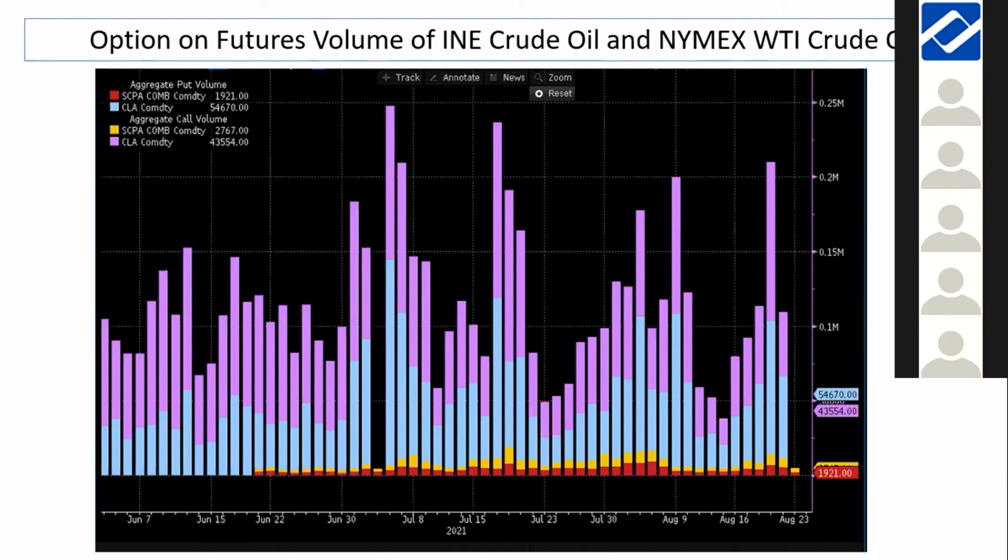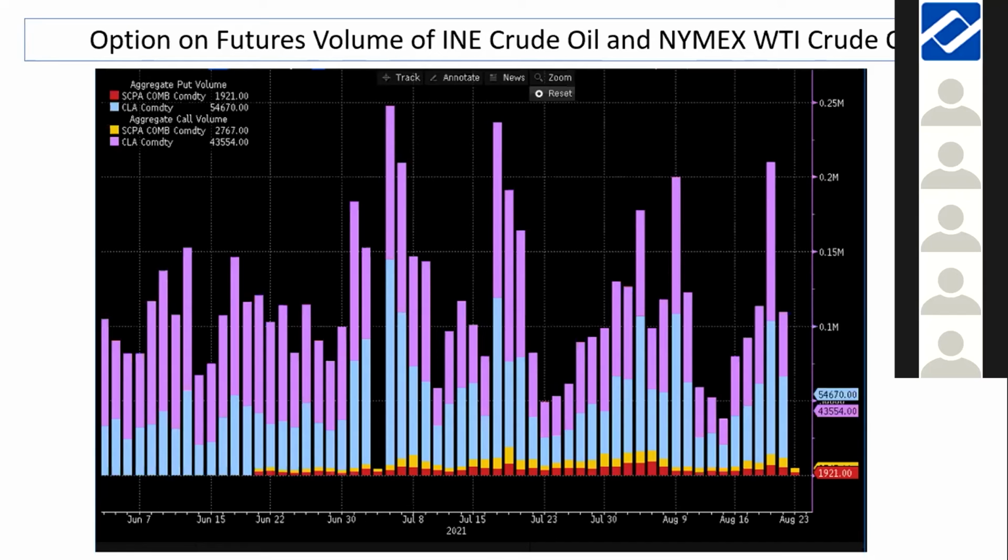The yellow and the red are the puts and the calls on the INE, whereas the blue and the pinkish, purplish, or whatever you want to call it, is the puts and calls on the WTI.